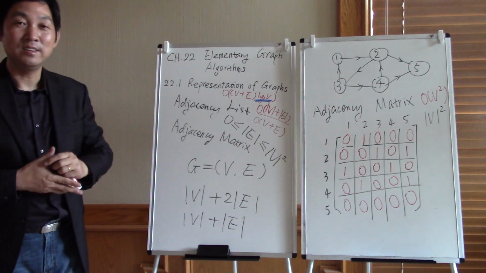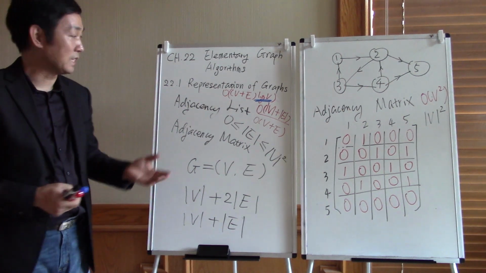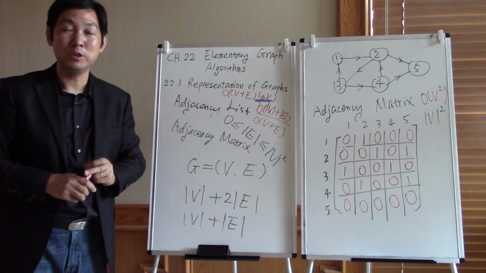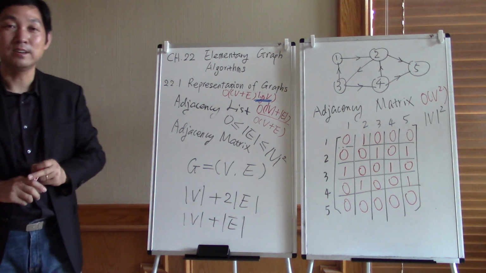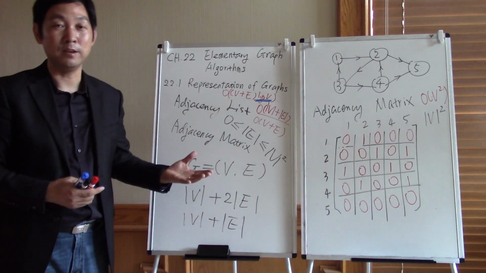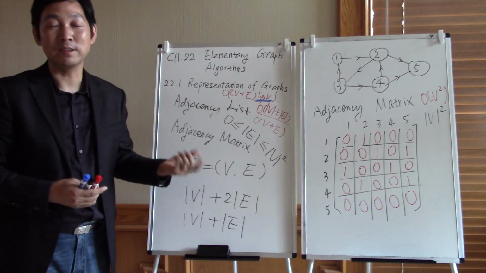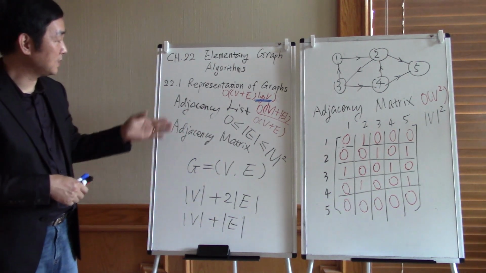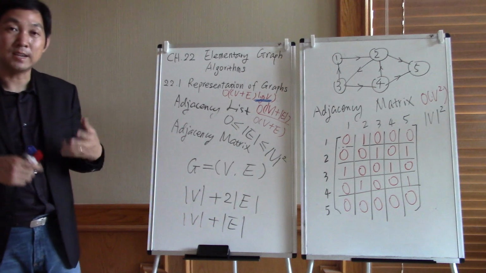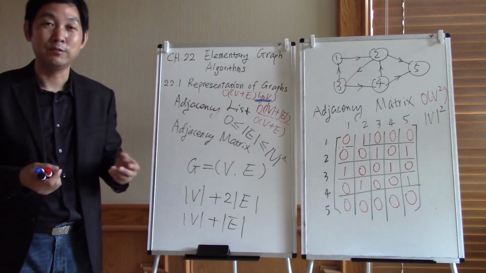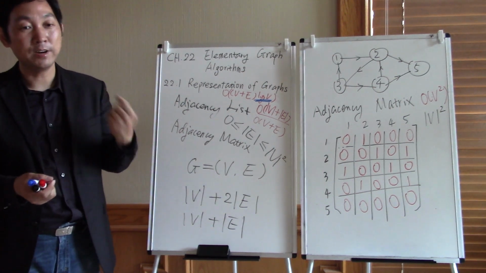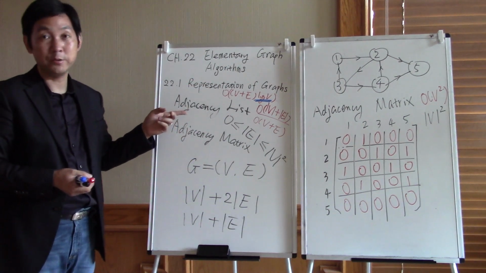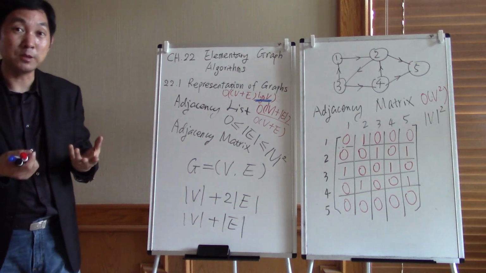Now, this is just comparing the size of these two representations. But size is not the only thing. What about convenience? If we use the two data structures for algorithm design, which one is more convenient? That depends on how you want to use it. For the adjacency list, if your algorithm often asks, given a vertex, what are the neighboring nodes? Then the adjacency list will be very convenient because it already gives you a list of neighbors for every node.